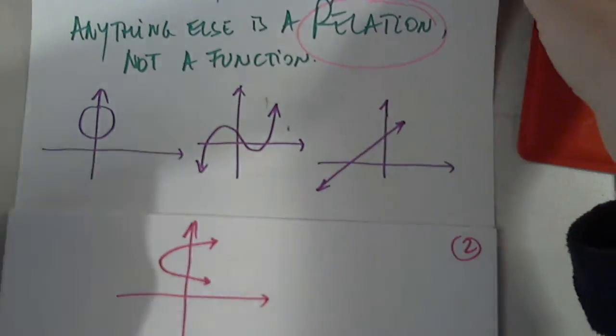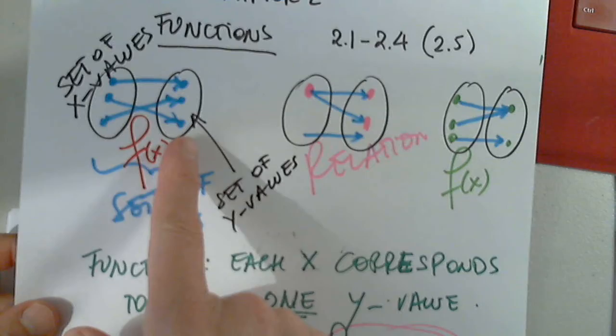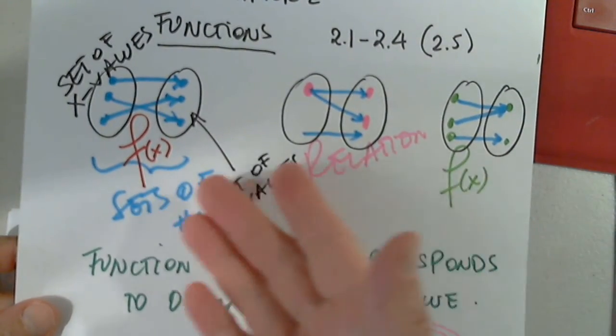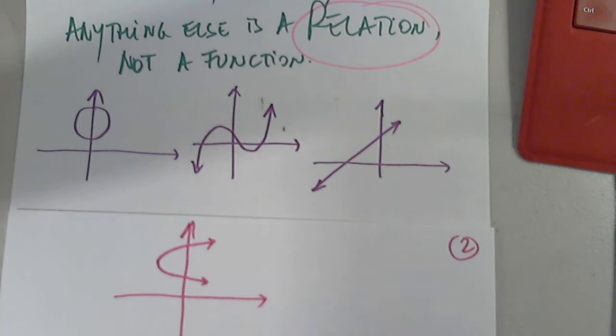So we were given the correspondence here between x values and y values, and we established whether it's a function or a relation. Now, based on the same idea, given the graphs, we are asked to identify which one represents a function or a relation.